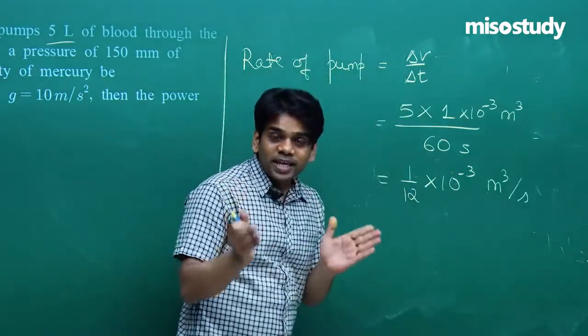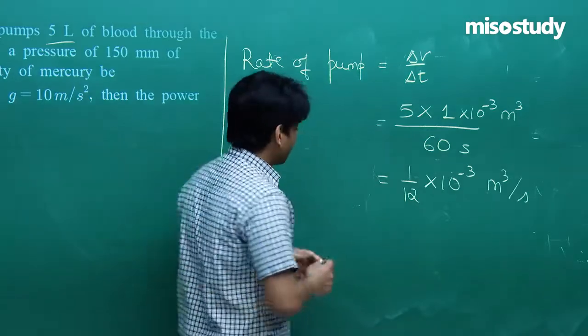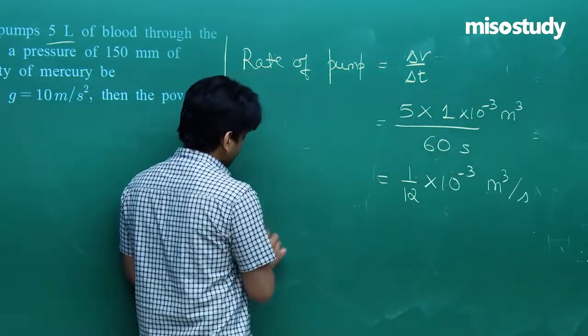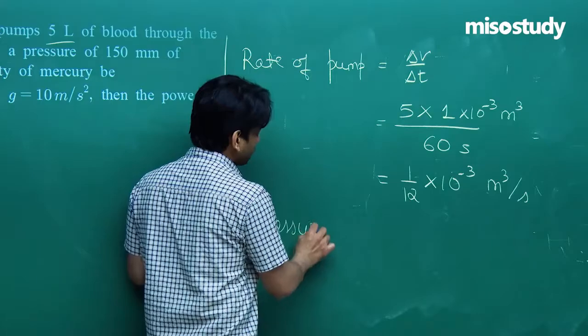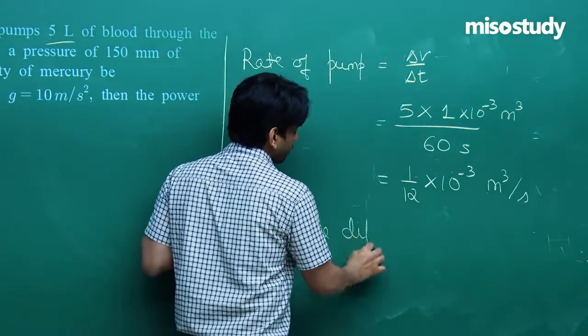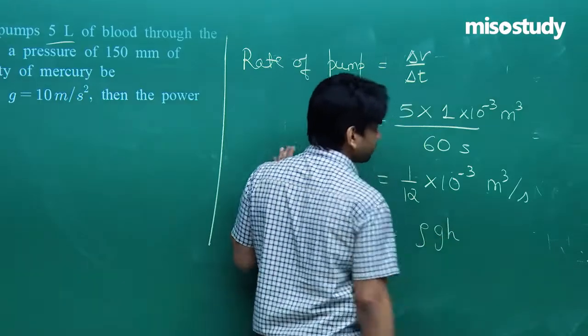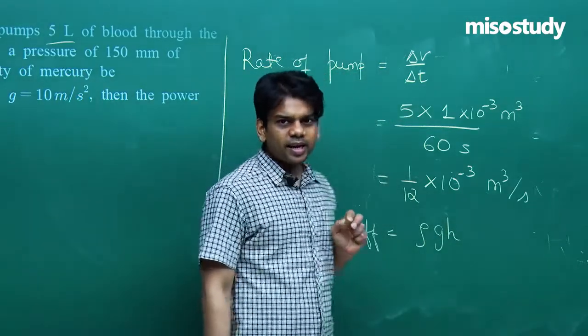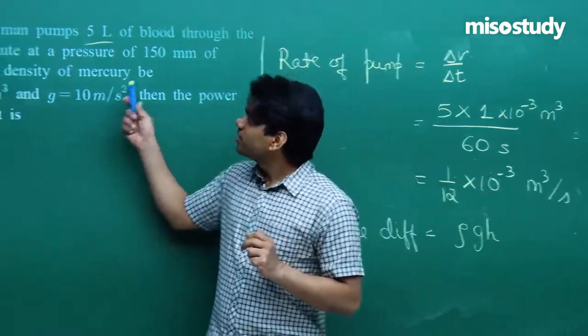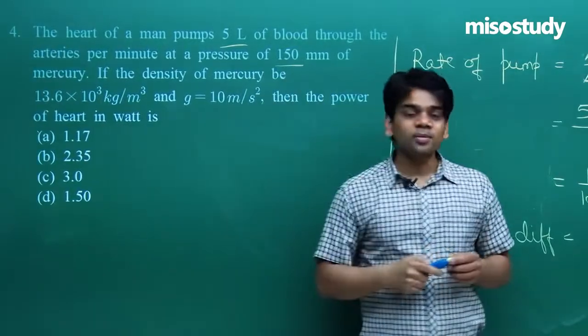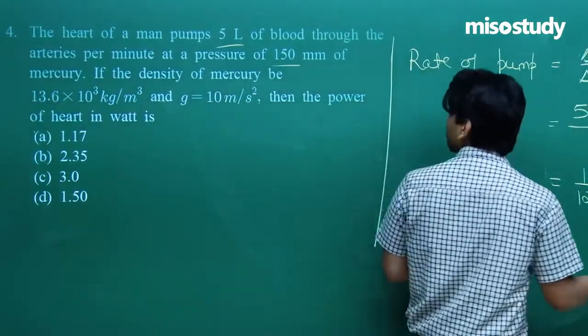Now see the pressure difference along which it is pumping. The pressure difference, that is 150 mm of Hg, is rho g h. Now h is given as 150 mm, and rho is given as 13.6 into 10 to the power 3.